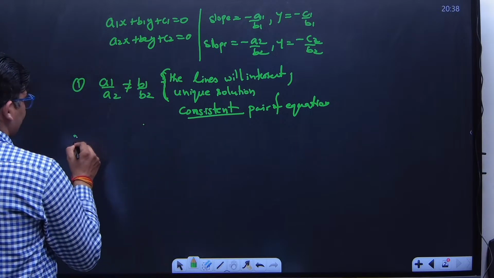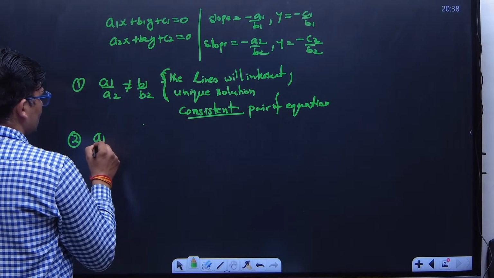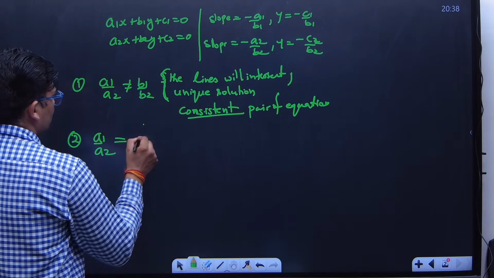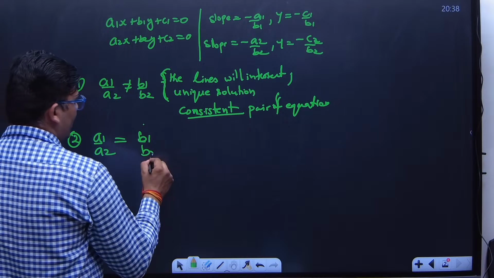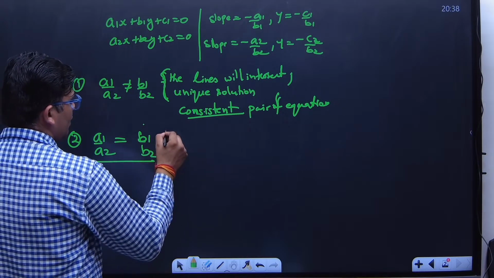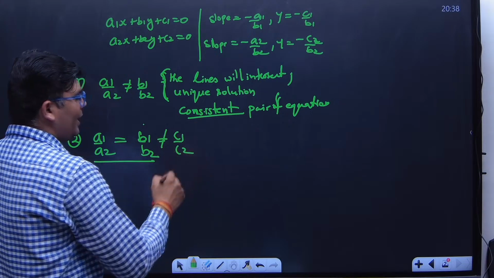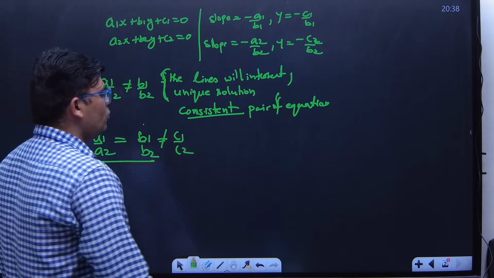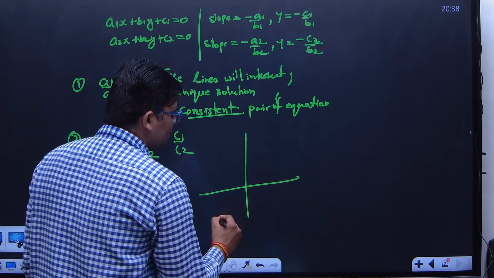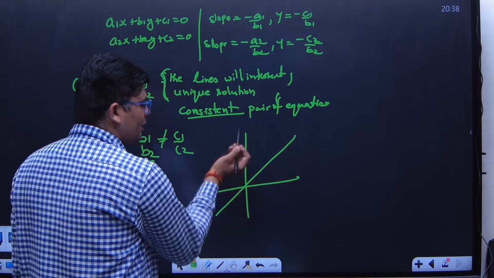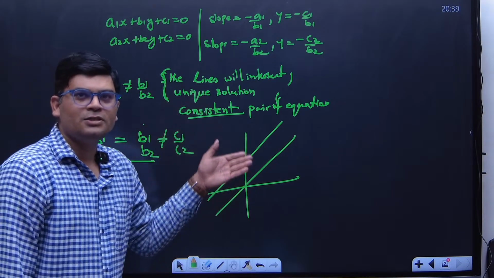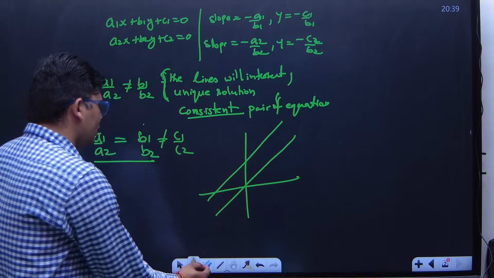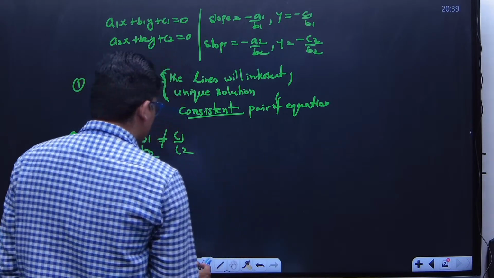Second part: a1 upon a2 is equal to b1 upon b2, so the slope is equal, but what is not equal? The y-intercept is not equal. So you know what is a y-intercept? For this line, if I take this line one step above, it will go like this. So this is the y-intercept. If the y-intercept is not equal, we say that the lines are parallel.